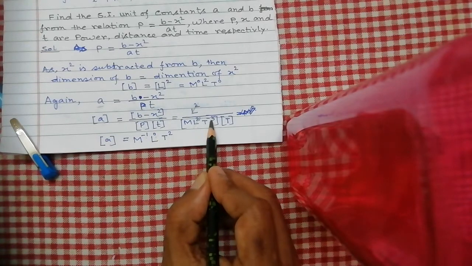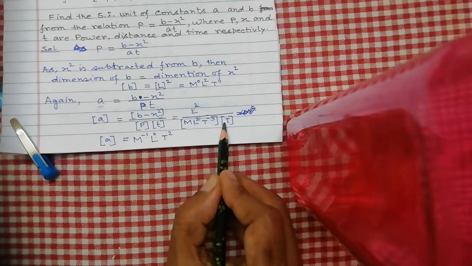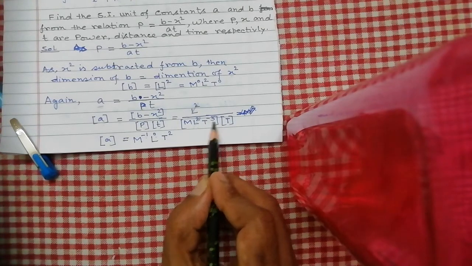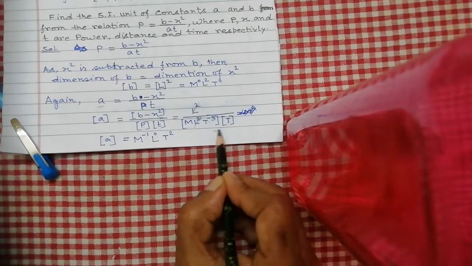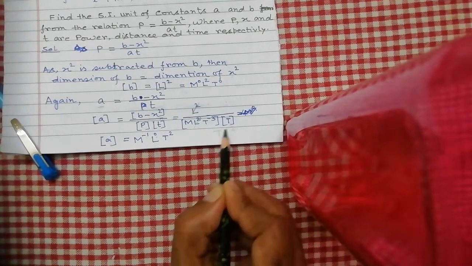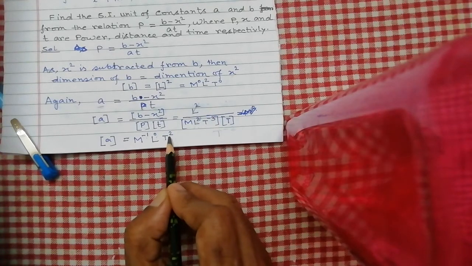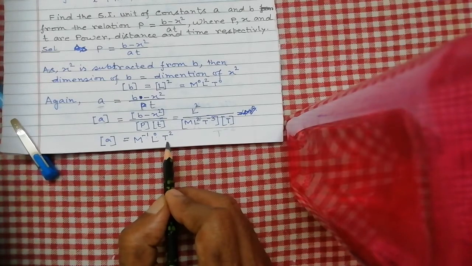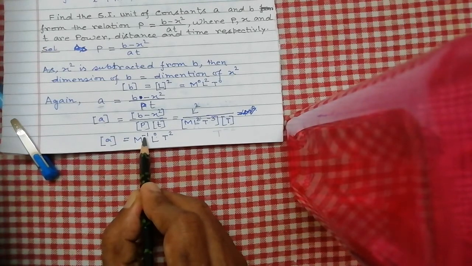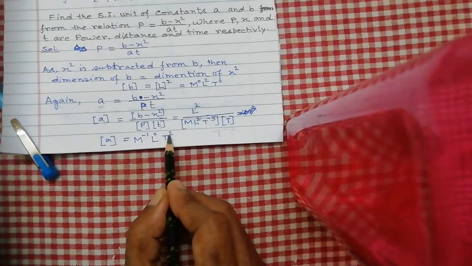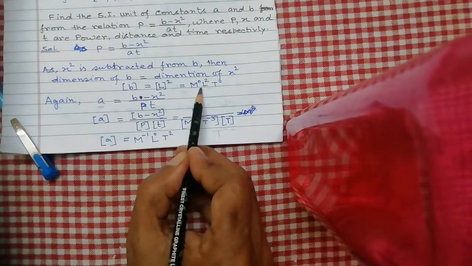Here T to the power minus 3 into T gives T to the power minus 2 in the denominator. When it goes to the numerator, it will be T to the power 2, according to the rules of indices. So the dimension of A is equal to M to the power minus 1 L to the power 0 T square. This is the dimension of A, and that is the dimension of B.